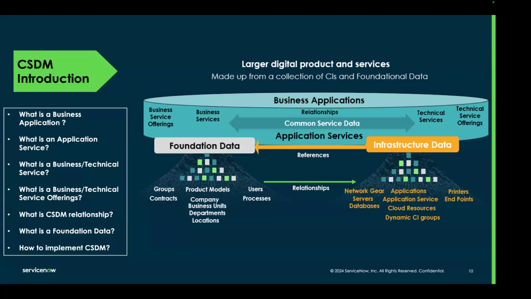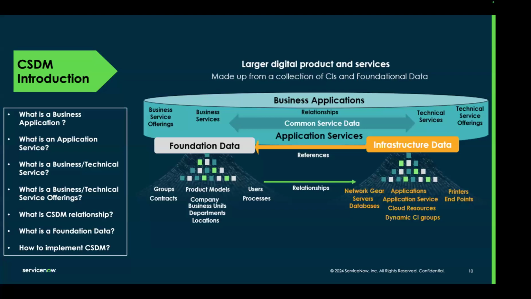But when it comes to application services, you have dependencies: ServiceNow dev, ServiceNow test, ServiceNow QA, and ServiceNow production. You can see we call these different version instances on different environments. That's how you connect from a business application to the application services it consumes.